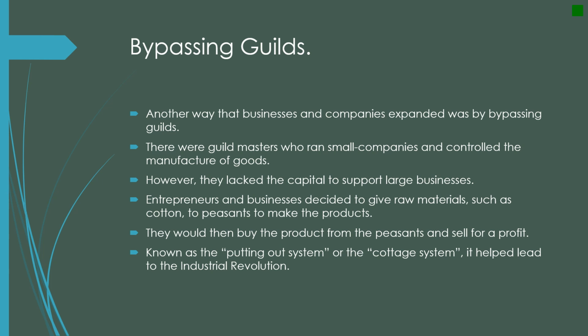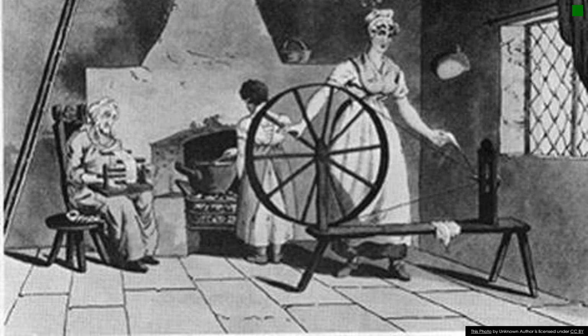They would then buy the product from the peasants and sell it for a profit, and this is known as the putting-out system, or the cottage system, as many peasants were working out of their cottages. It helped lead eventually to the Industrial Revolution, which we'll talk about later on. Here's a picture of a woman working in a cottage, which gives you an example of how this worked.